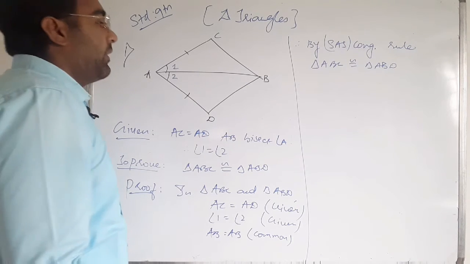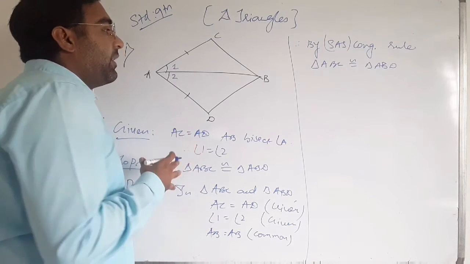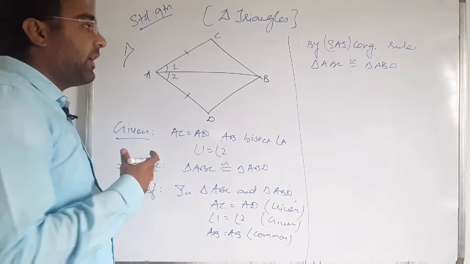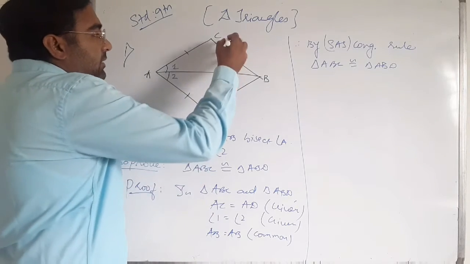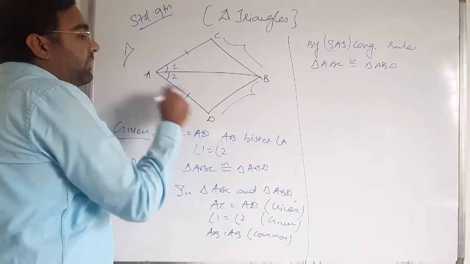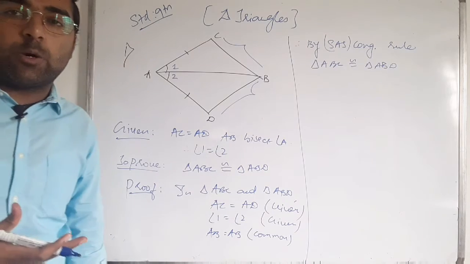Now the remaining parts of the triangle, BC of triangle ABC and BD of triangle ABD, are also equal.